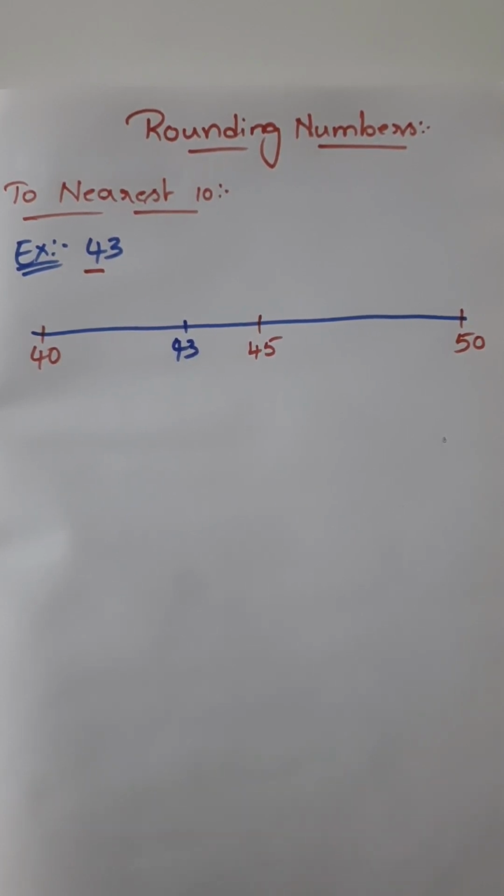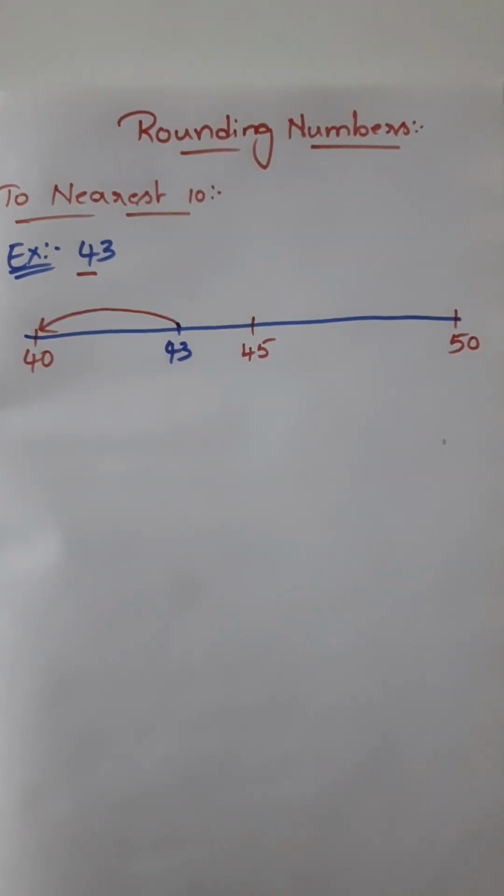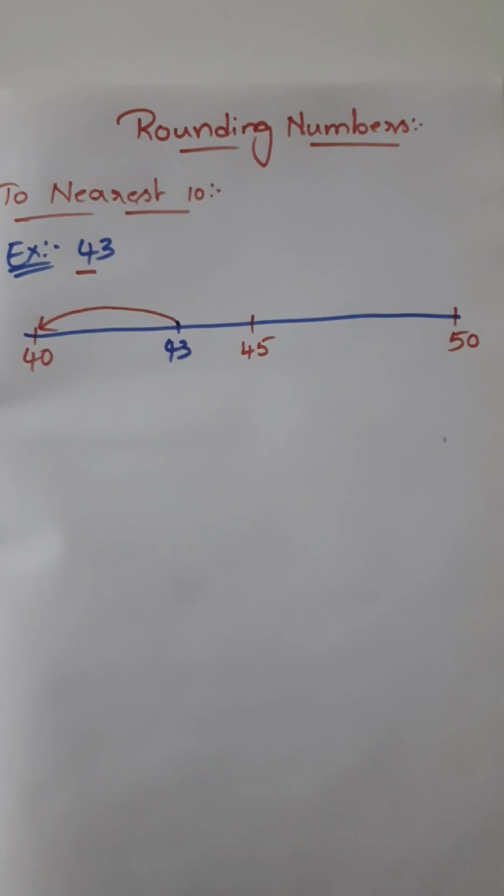It goes to number 40. Since 43 is closer to 40, 43 rounds to 40. Understood? This side, it goes to our left hand side. 43 rounds to 40. So the nearest 10 of 43 is 40. Understood?